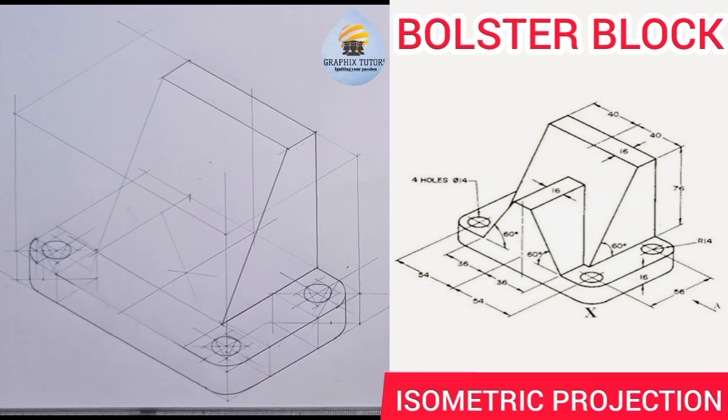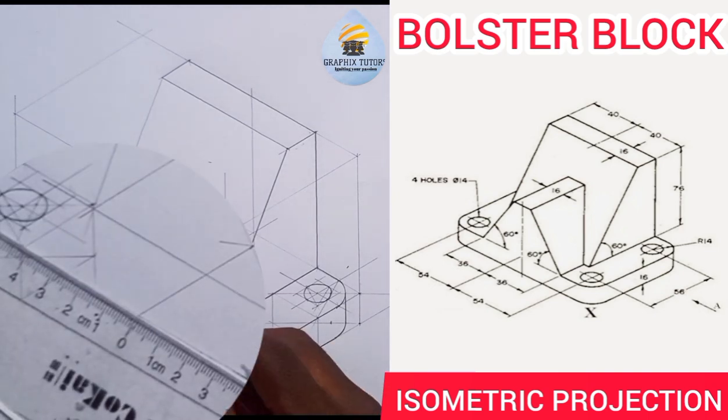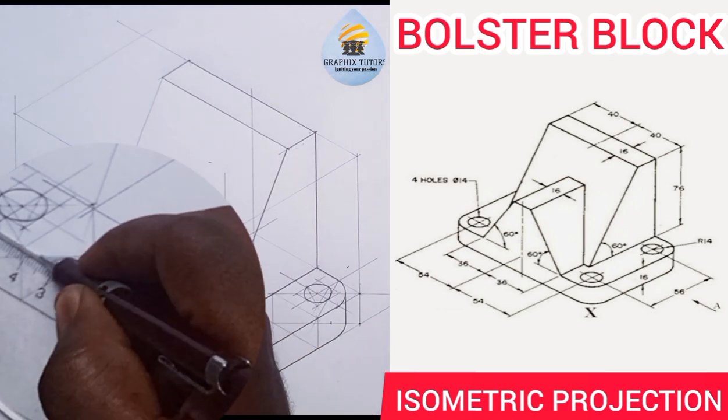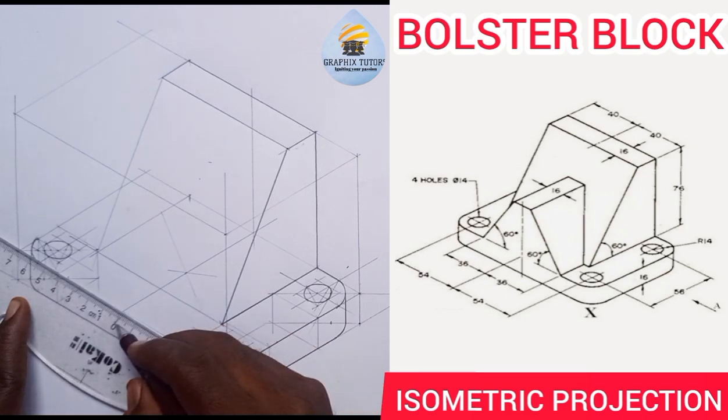Now the next thing you do is look at the front here. I want to get the center, this point here, and I've already gotten it here. So I'm going to measure 36 to the left and 36 to the right. Right? That's what I'm going to do. So when I do that, I'll take my meter rule, place it this way, and I'm going to measure 36 to the left and also 36 to the right. Can you see that? From 0 to 36 and from 0 to 36.